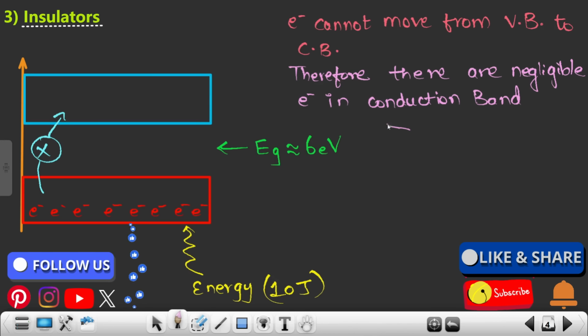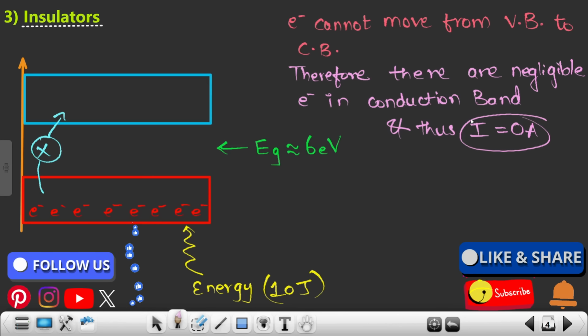Thus this is the actual reason the current I is 0 ampere. That means the current does not flow through the insulator. Why? Because there aren't any electrons available in the conduction band of the insulator.